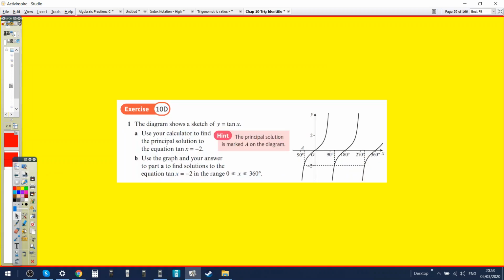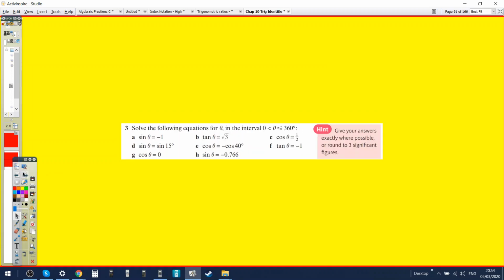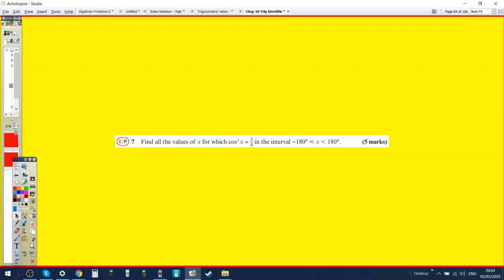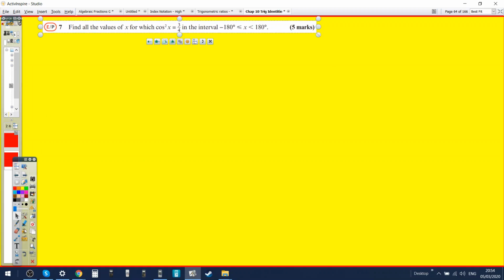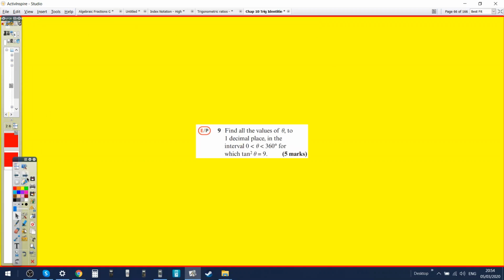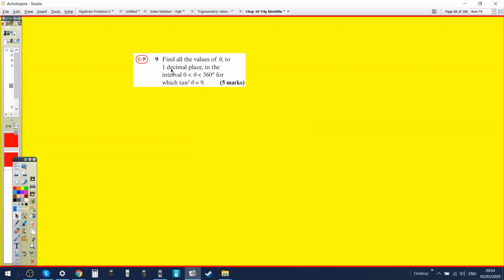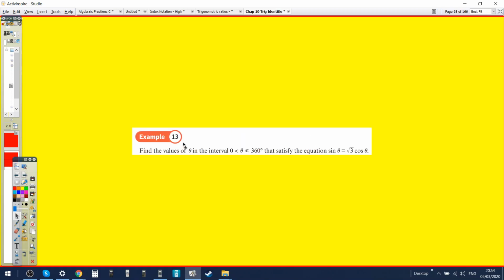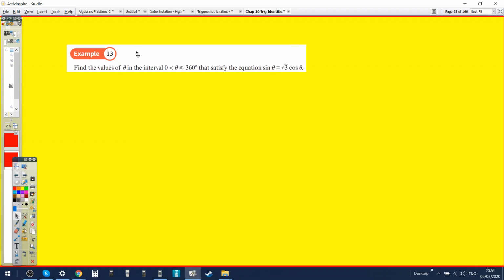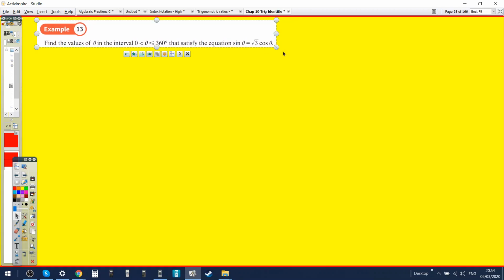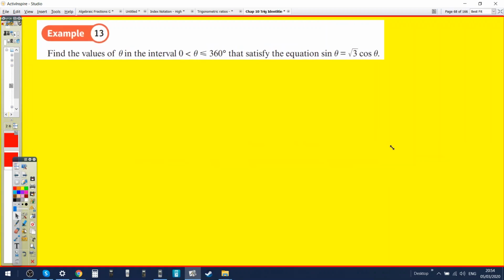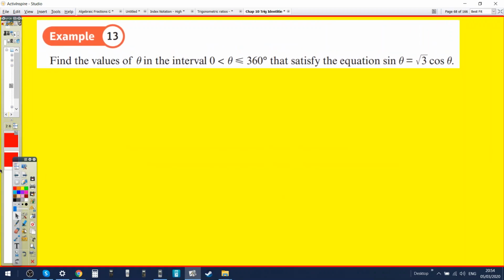Should we do some identities real quick? The only identity you need is sine squared theta plus cos squared theta is 1. It says double angle formulae, which might be what they're referring to. Any idea how you do this?